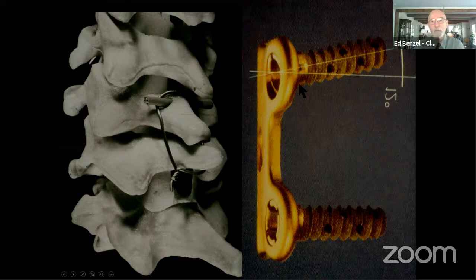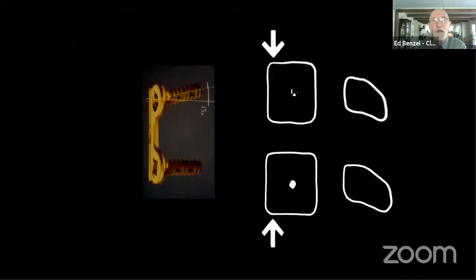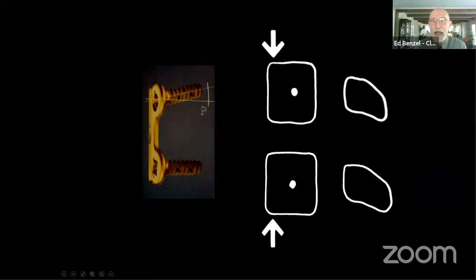And the only reason I'm bringing this up is because we need to be thinking of all the ways in which an implant or construct can fail and then act accordingly to prevent that. So this device then, in extension, acts as a compression device.